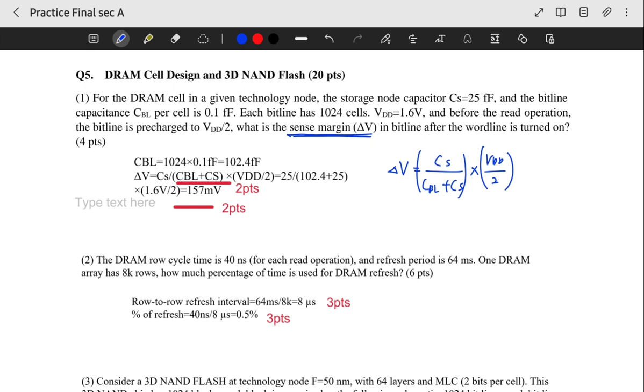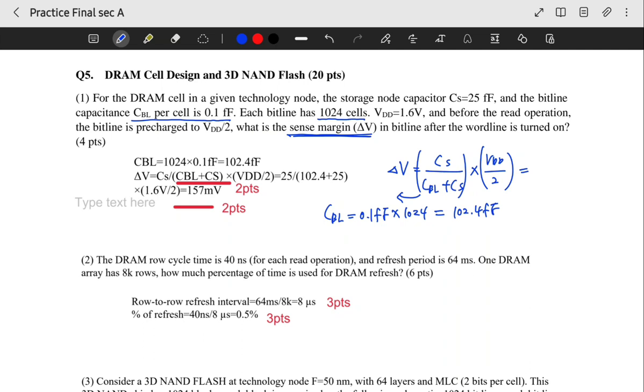And we need to calculate this CBL. The way we can do it is the CBL per cell is already given. In each bit line it has 1024 cells, so we multiply 0.1 femtofarad times 1024, then you will get 102.4 femtofarad, and you plug in the numbers.